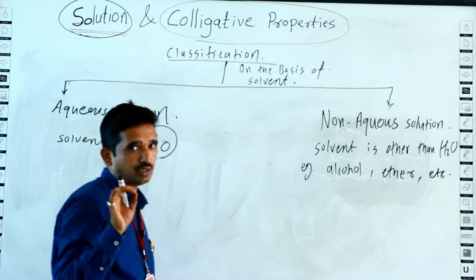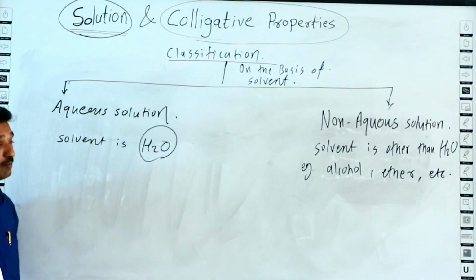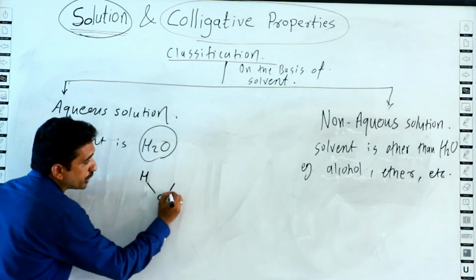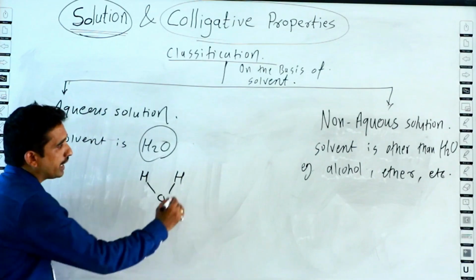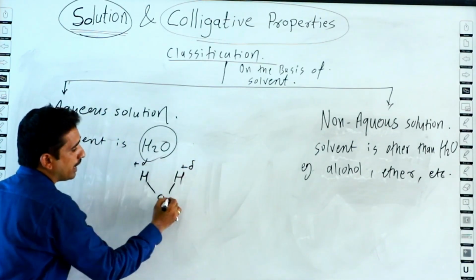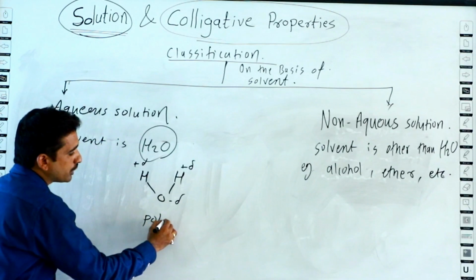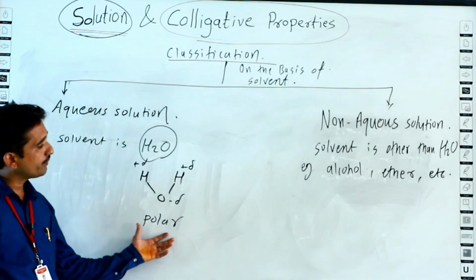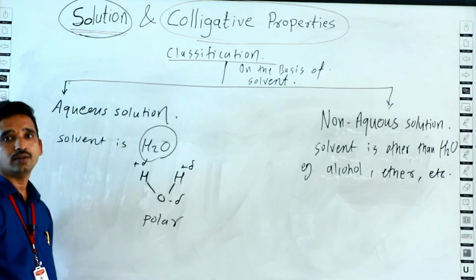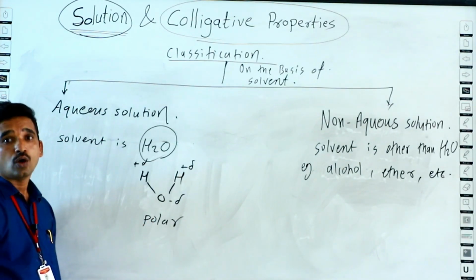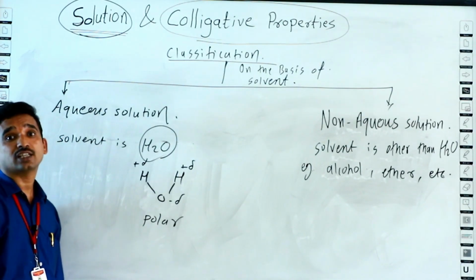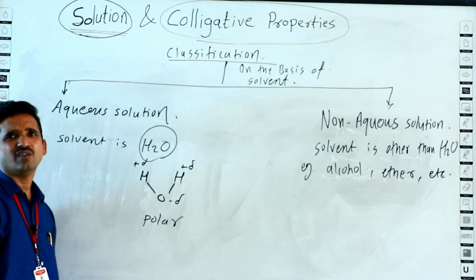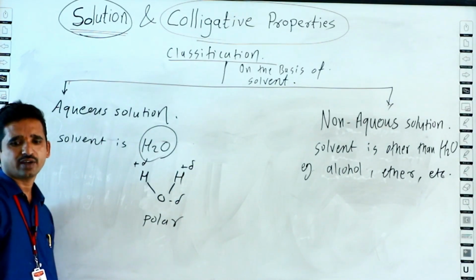Listen, this is the most important concept here. The structure of H2O is such that one end is delta plus and the other is delta minus, so it is a polar water molecule, which will easily dissolve all the polar things surrounding us, like NaCl and so many types of salts.